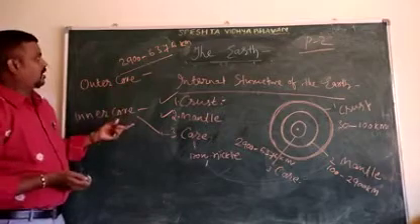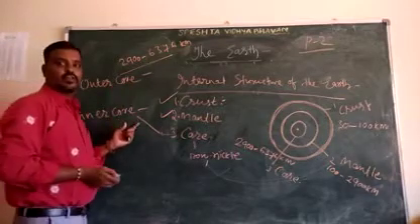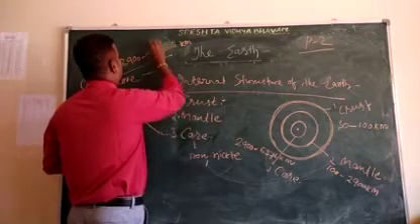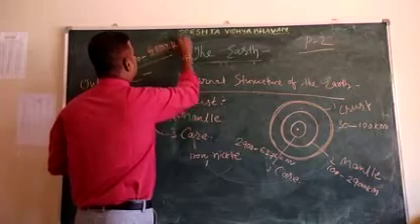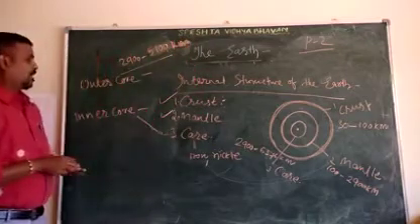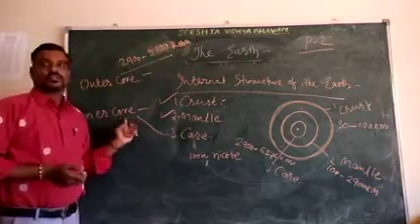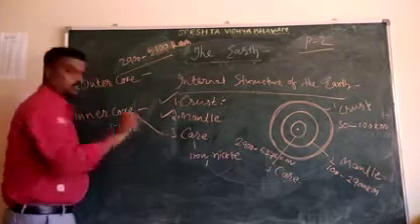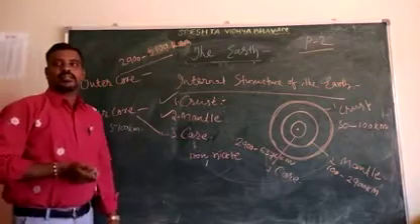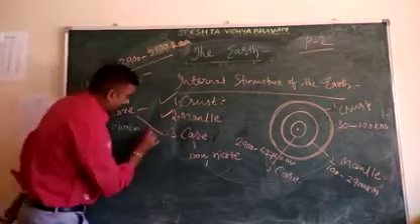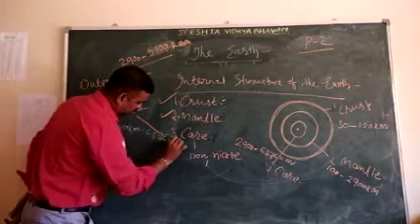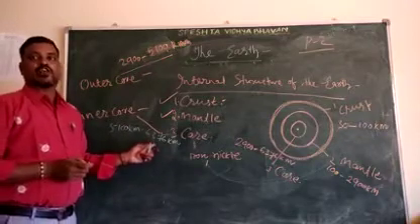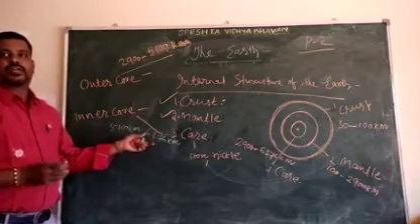The outer core ends at 5,100 kilometers. Next is the inner core. Its thickness is 5,100 kilometers to 6,376 kilometers.